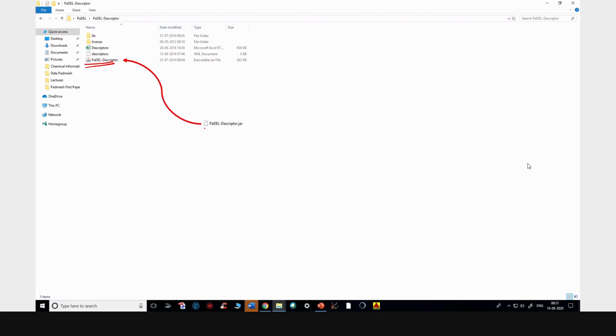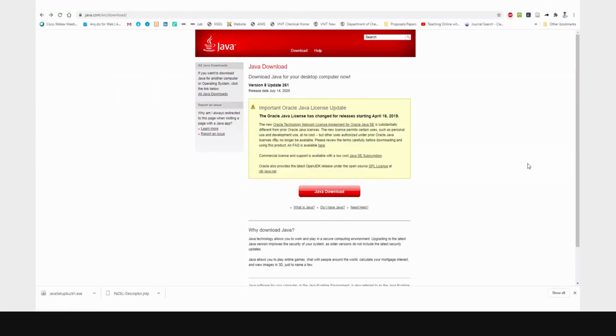Without Java, it will show you some unknown file with the extension .jar or something. So make sure that Java is downloaded, and only then will the coffee cup kind of symbol appear. Then only we should double click on that. Otherwise, we should consider that it is not going to work, that the problem is with Java. So download the proper version of it.